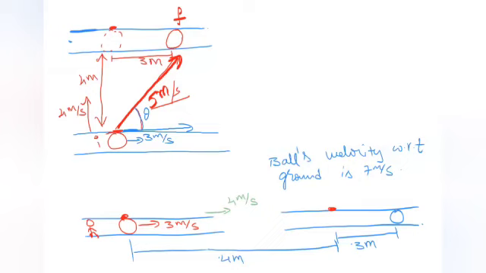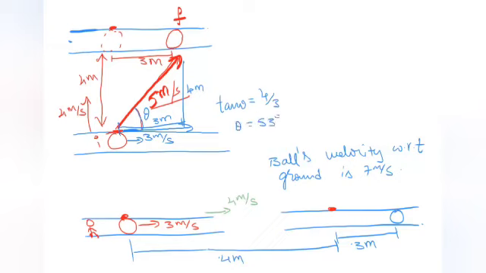So here, how do we find this angle theta? That's very simple, because this length is 4 meters and this length is 3 meters, and therefore tan theta is 4 by 3. To be more precise, theta is actually 53 degrees.